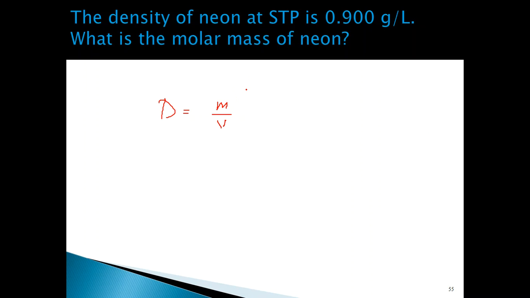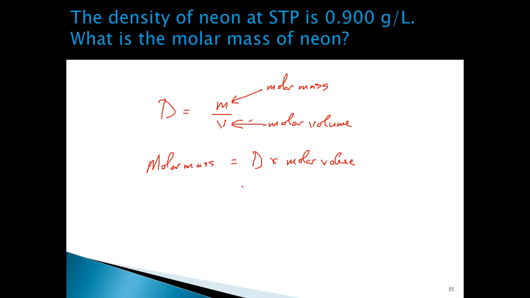What we could do is say that the mass is the molar mass here, and the volume here can be the molar volume. The relationship will still be the same. The molar mass divided by the molar volume would be equal to the density of the gas. So the question is asking for the molar mass, and that would be equal to the density multiplied by the molar volume.